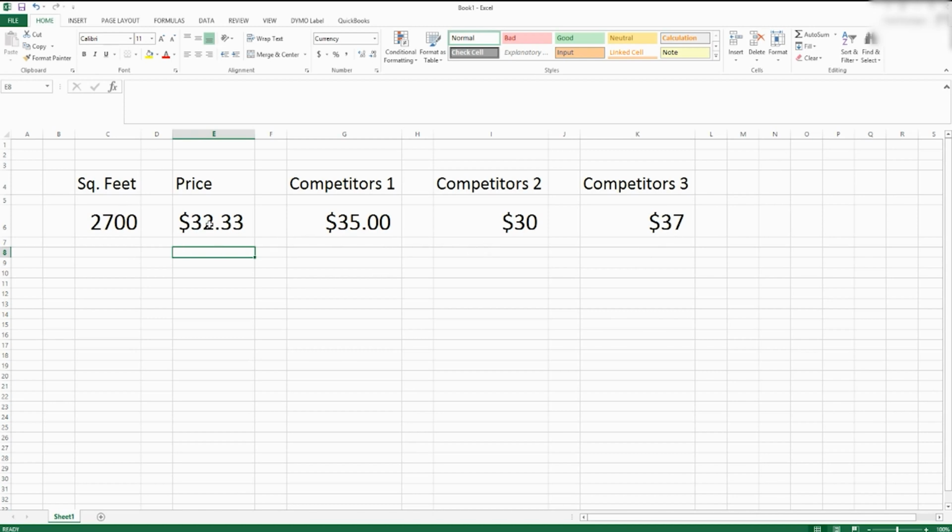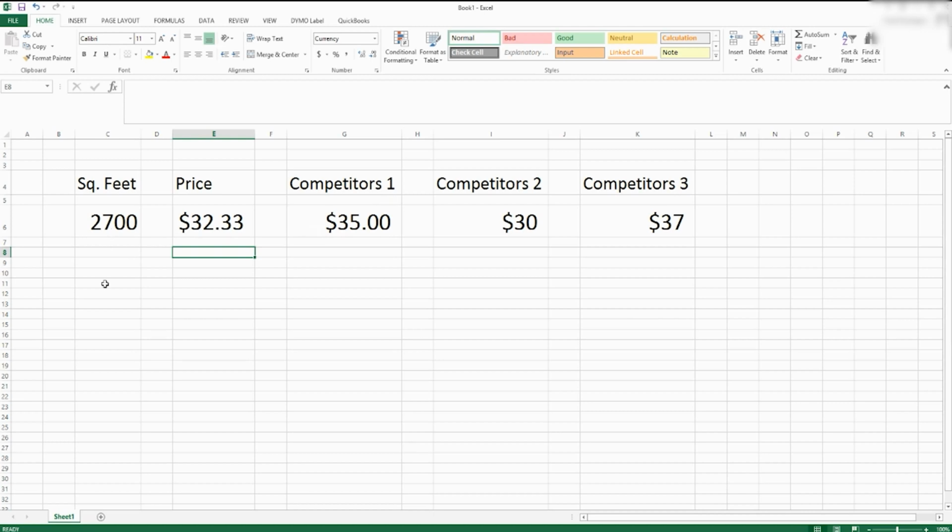So once you've measured that property, and let's say you come up with 2,700 square feet, and you've done your due diligence, found out what other competitors are charging for that same lot or same lot size, right? It doesn't have to necessarily be that same exact lot.